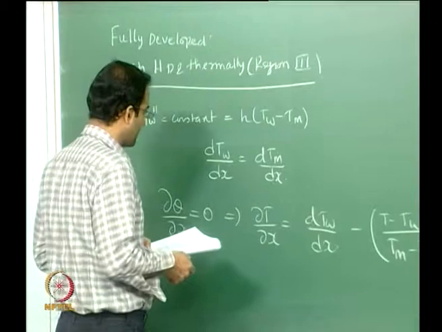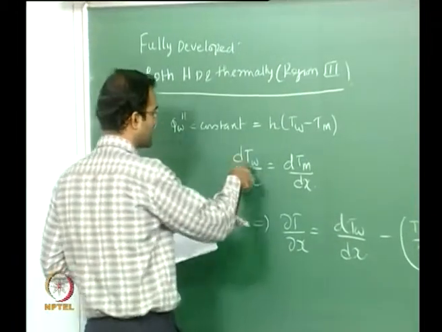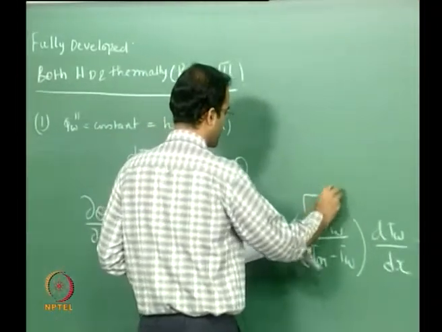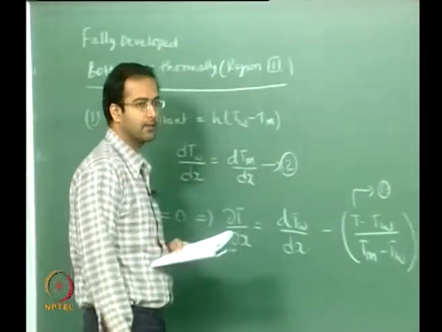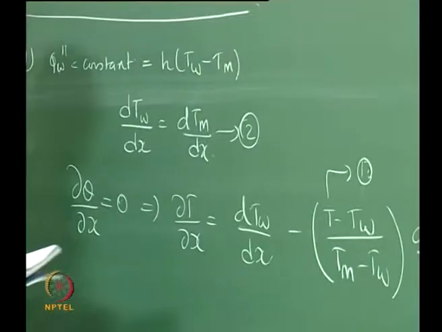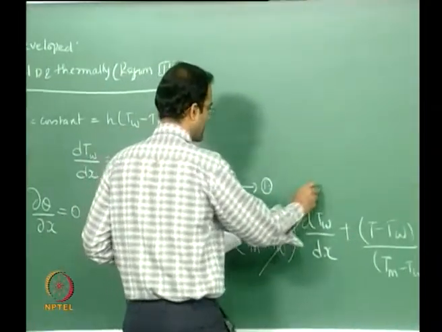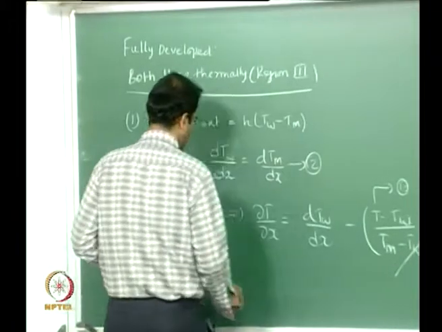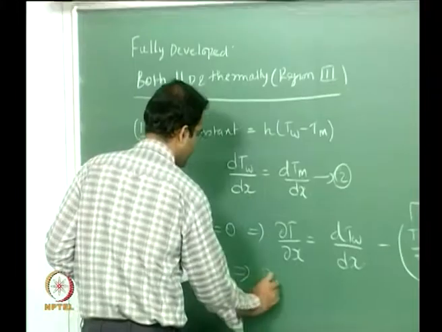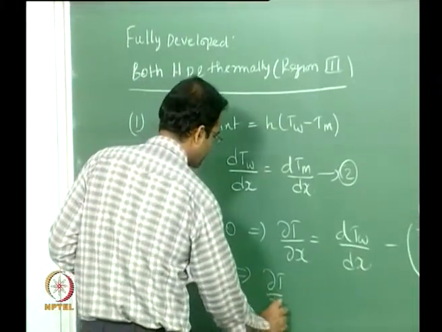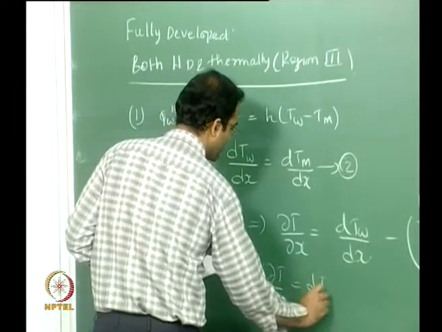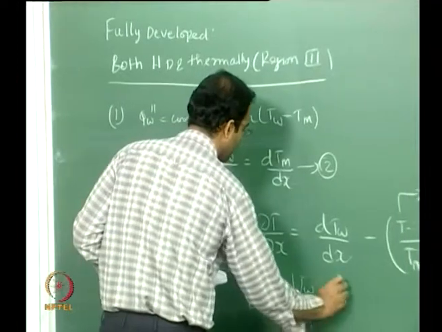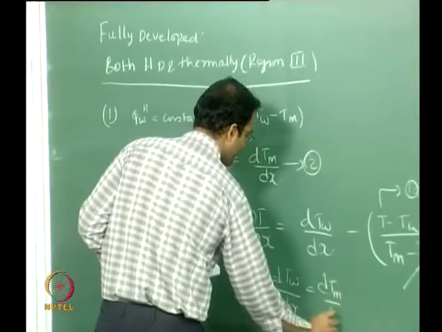Now if you call this number 2 and this number 1, and substitute 2 into 1, you cancel off these terms because they are identical. Therefore you come to the conclusion that dT by dx should be equal to dT wall by dx, which in turn is equal to dTm by dx.